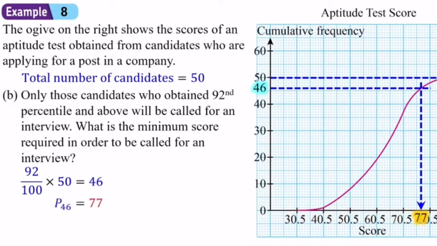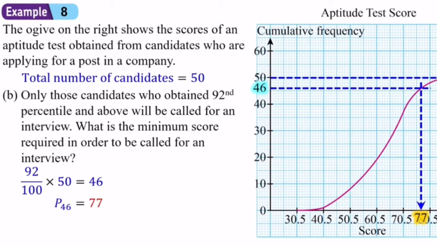So the P92, I think it's not P46, should be P92, is 77.5. That is the so-called 92 percentile for this cumulative frequency.